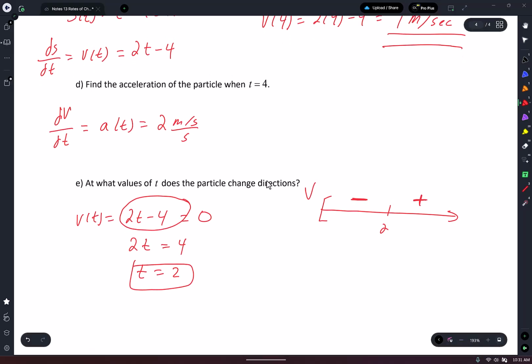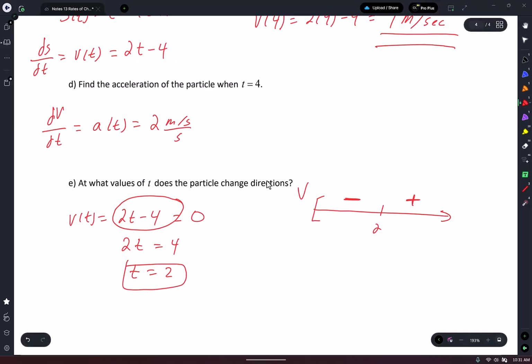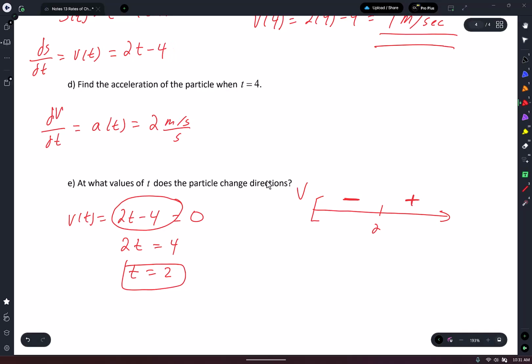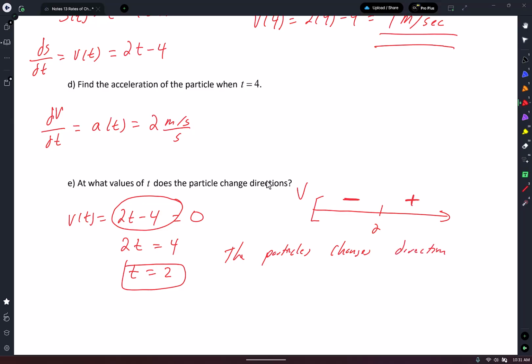So here's the right way to say it. You say the particle changes direction at t equals 2 seconds since velocity changes signs at t equals 2.